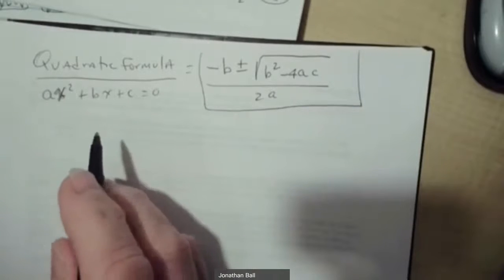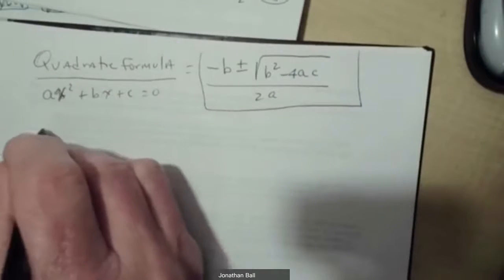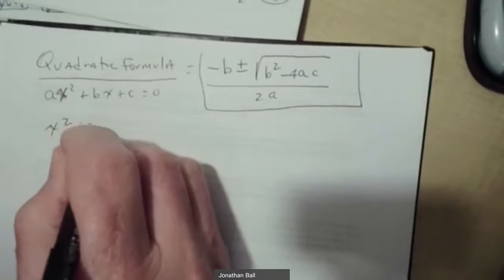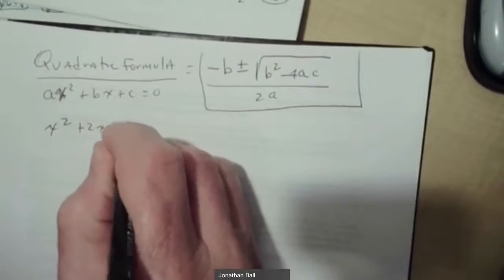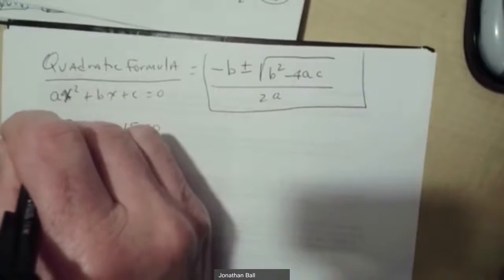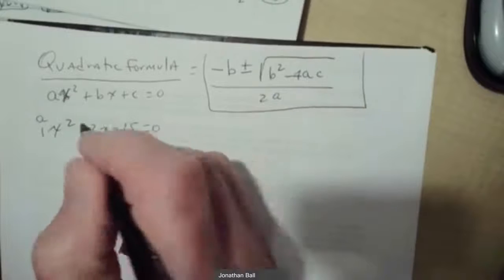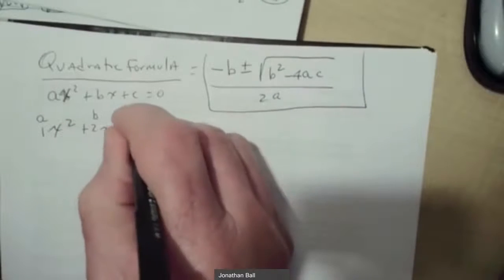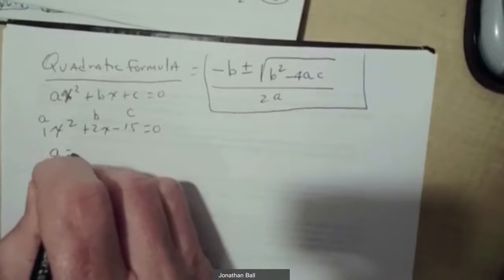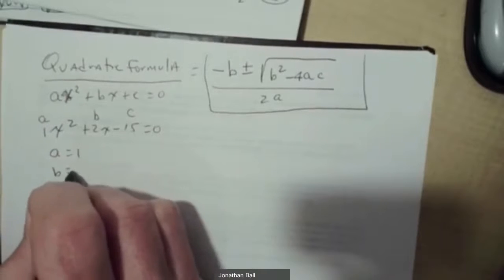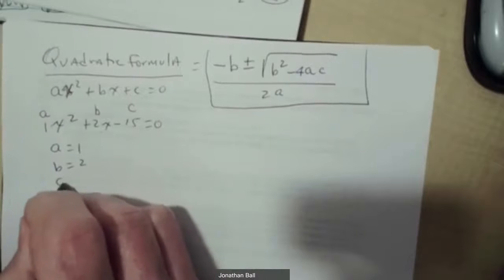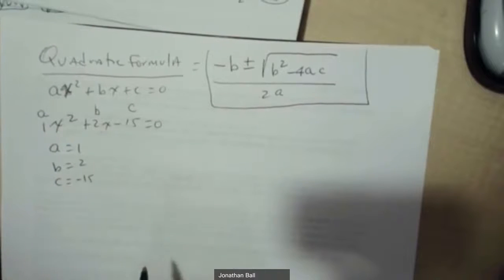So if you're given x squared plus 2x minus 15 equals 0, our a is actually 1, we just don't write it. Our b is 2, and our c is negative 15.